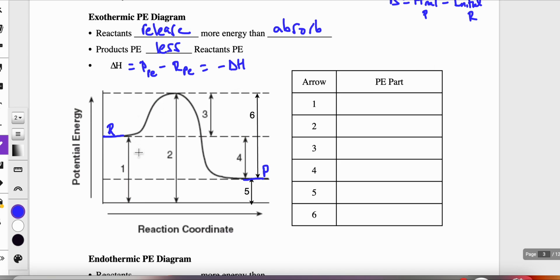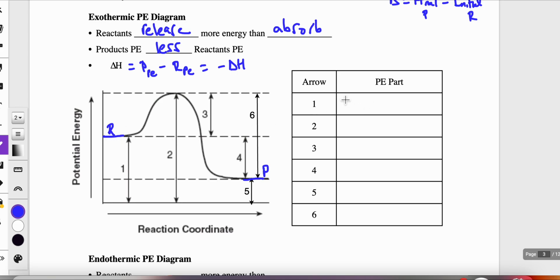So now, these different arrows represent the regions that you're going to need to be able to label. So just get them memorized of what they represent. Arrow 1 starts at the x-axis and it rises up until it hits the platform that we labeled R for reactant.